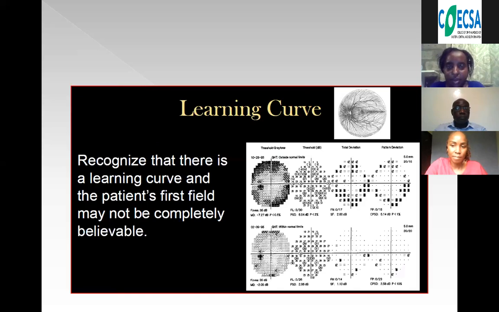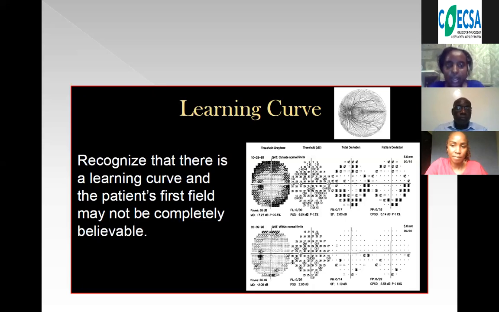Another thing to remember is learning: patients may not perform very well at first, but as time goes by, the field will improve. So like in this first case, in the upper field, there were what seemed like early defects, but after a repeat field later, when the patient had now understood the test, it was reliable.